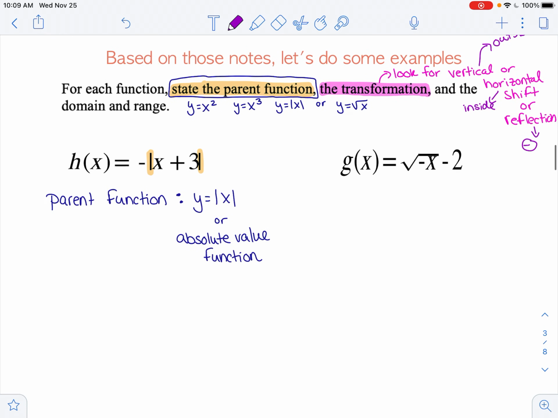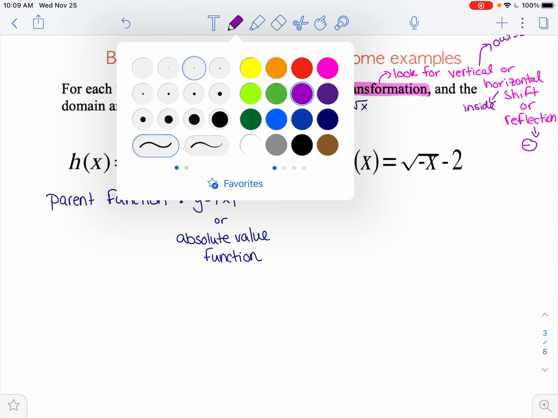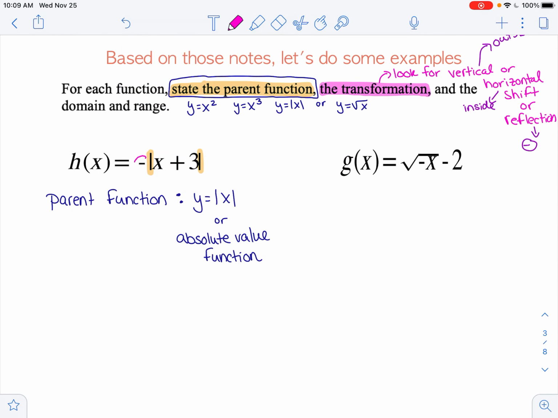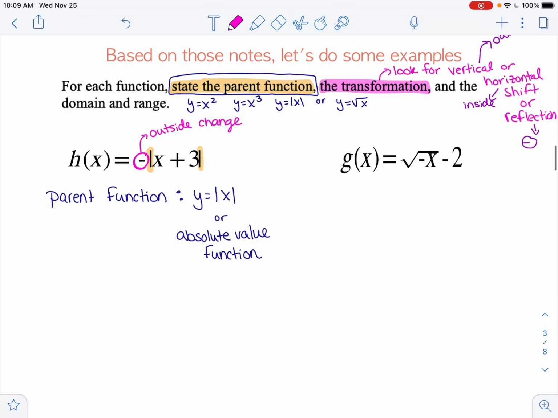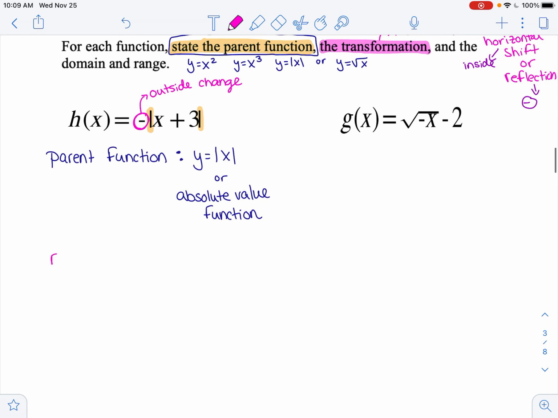So if I look at this first example, I have a negative on the outside. So that is going to be a reflection over the x-axis because the a value is negative. There's a negative out front, so it's going to reflect over the x-axis.